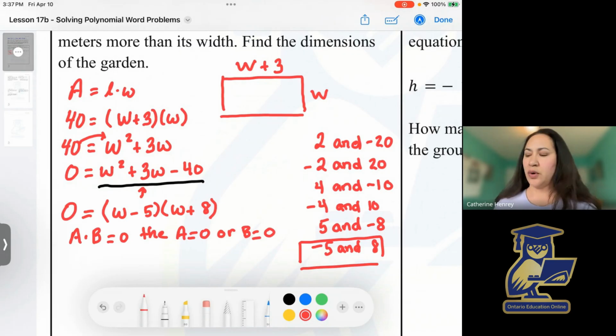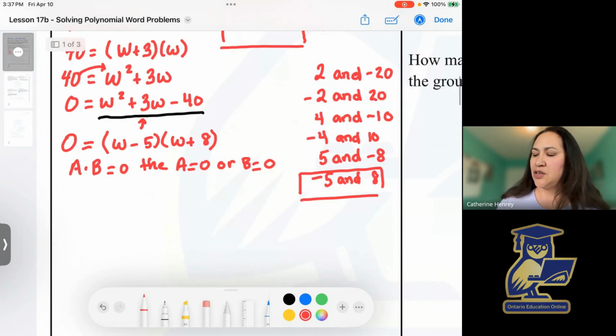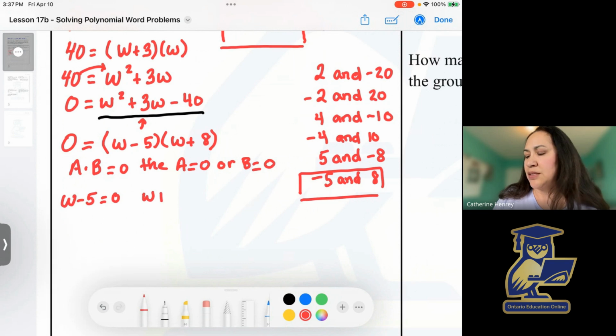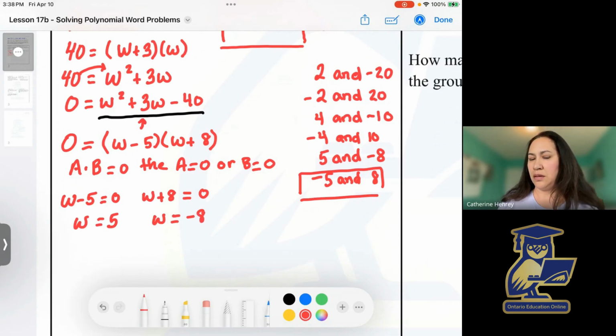This zero product property allows us to take each factor, W minus 5, and set that equal to 0, as well as W plus 8, and set that equal to 0. What we're doing is solving for two possibilities of W, and the width here would become positive 5. On the other side, the width would be negative 8. So let's consider the context of the question.